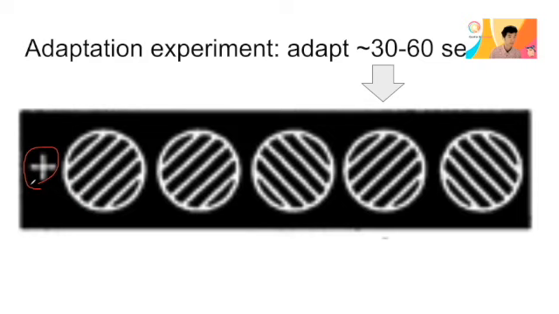Don't move your eyes, and don't move your head or body. Just focus on this fixation cross. Okay, and then I'll ask you to say whether you see the grating at that location afterwards.